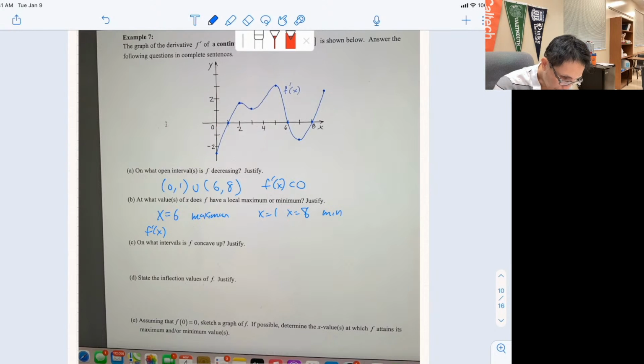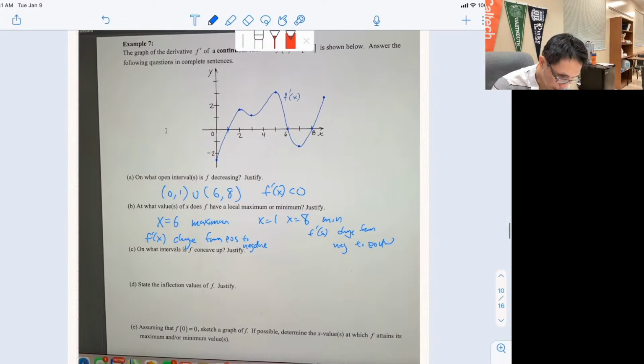Thank you. F prime of x changes from positive to negative here, and this one is f prime of x changing from negative to positive.